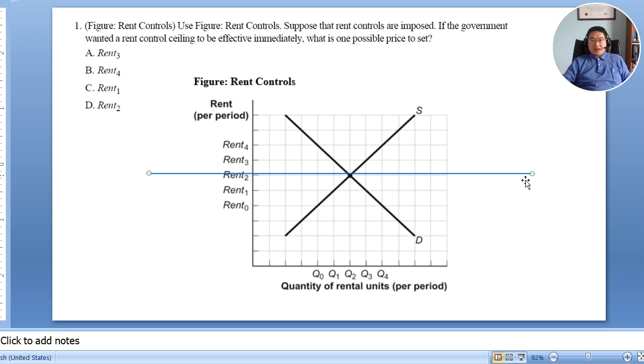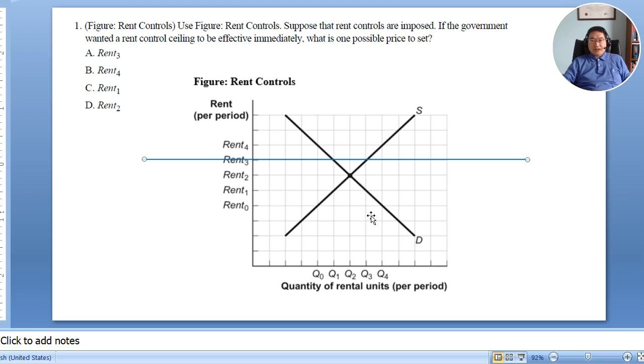If we go above the equilibrium price, there will be more quantity supplied than quantity demanded. You have a surplus. And if you set the price ceiling above the equilibrium market price, going up and up, then the market price will fall to rent 2. So that price ceiling itself is not effective. It's not a binding price ceiling.